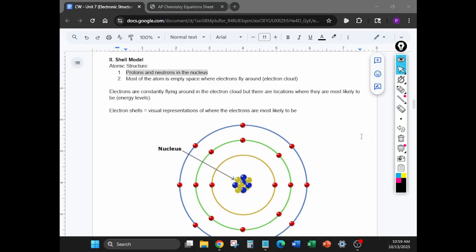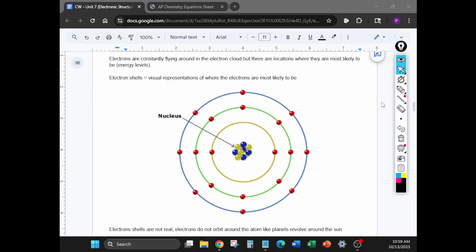Okay, now, the electrons fly around. They're not locked into these nice orbits that we draw. This is called a shell model. And basically what this does is it tells us the areas the electrons are most likely to be. So electrons move around the atom, and they can occupy spaces between these shells, but they like to hang out in these areas, so these distances from the nucleus.